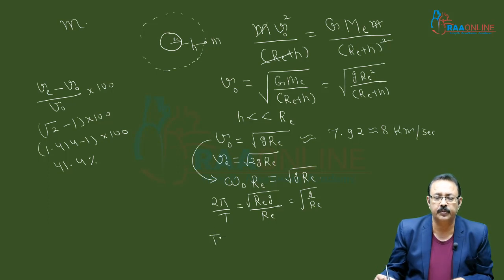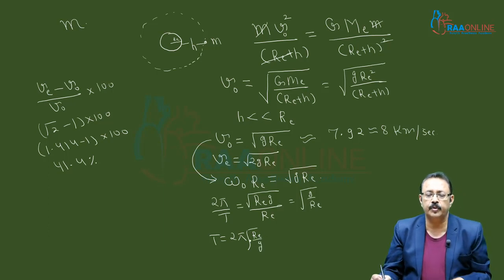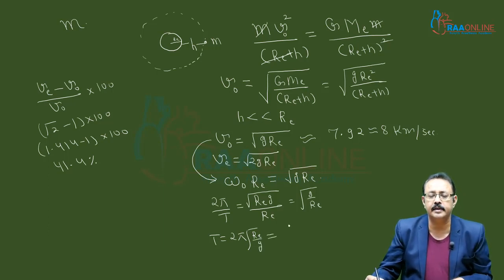So T is equal to 2 pi root of RE by g. You know RE, you know g. So if you calculate this, you will get 84.6 minutes.